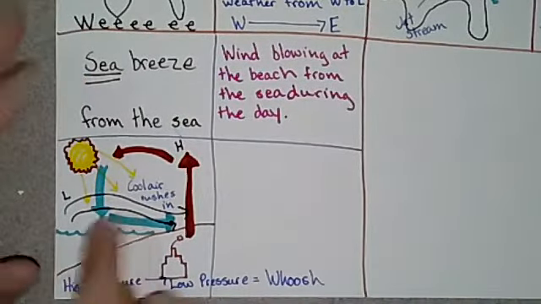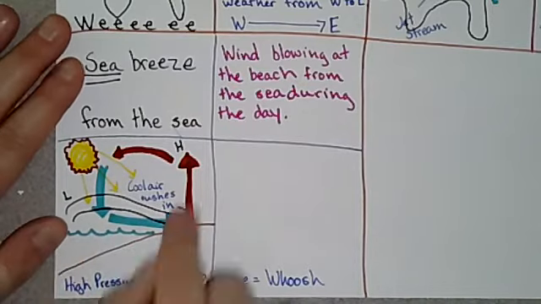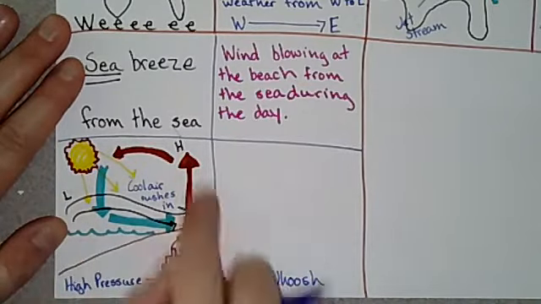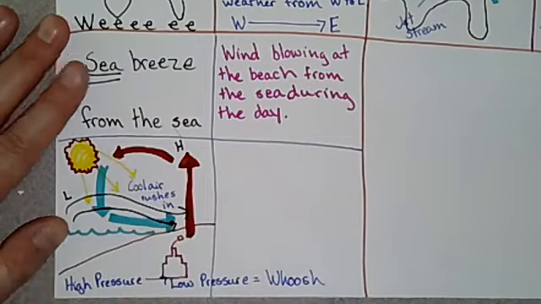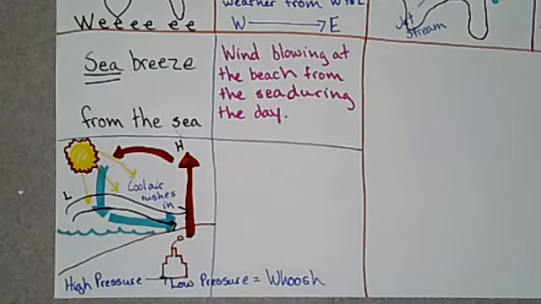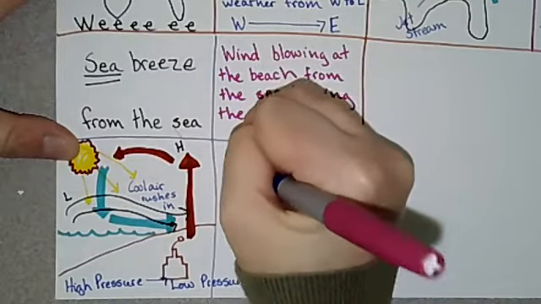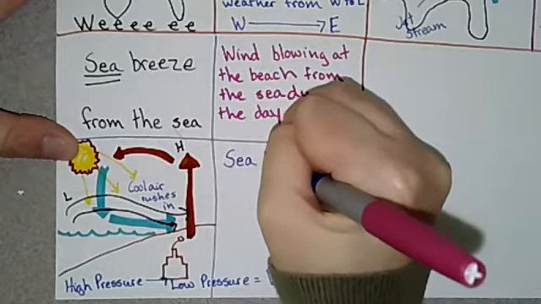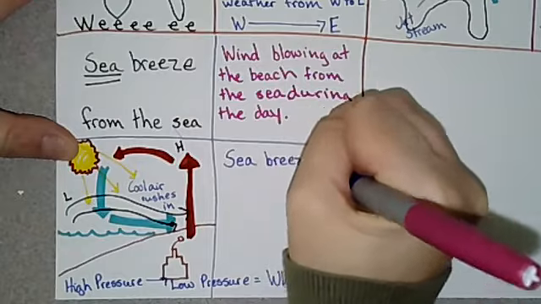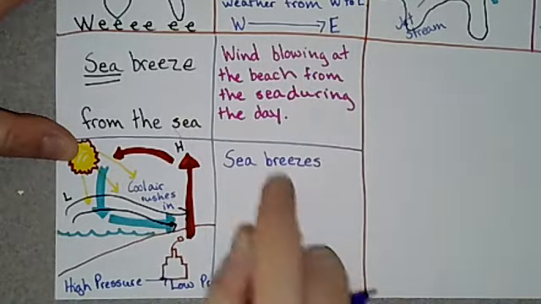All right. And all of this happens because the land is heating up faster than the water. So let's write that down. Sea breezes, that's at the beach. It's always windy at the beach.